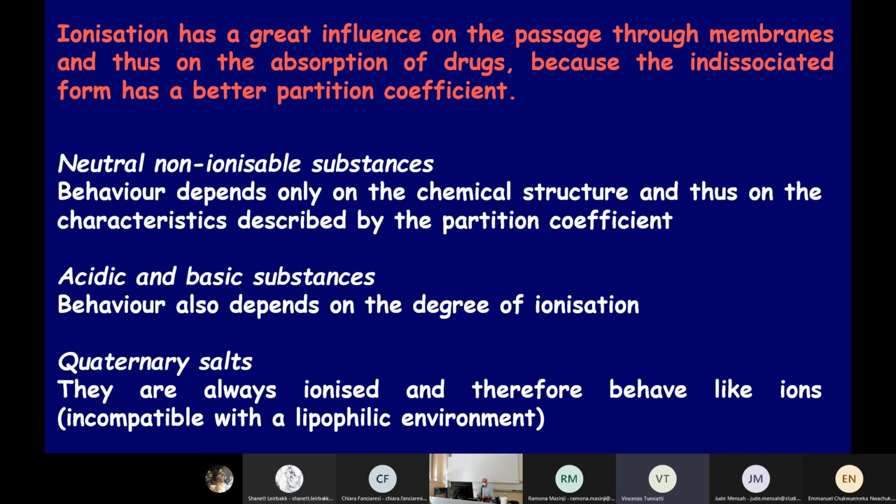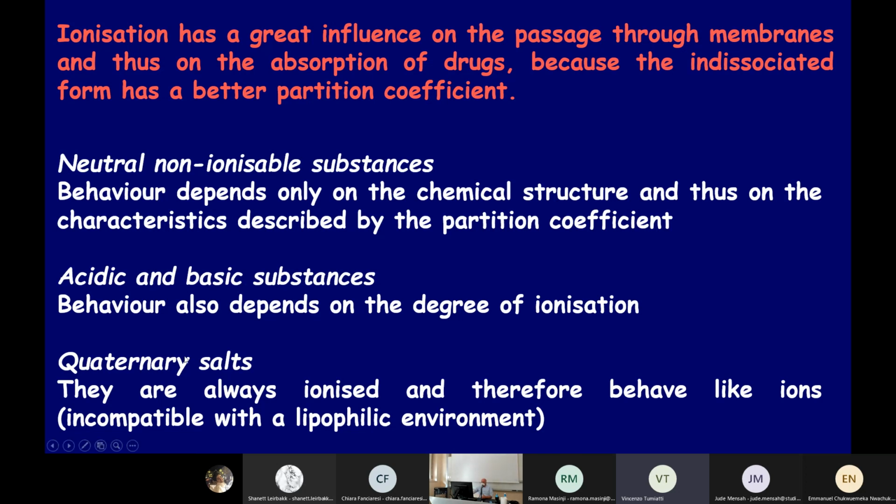It depends on the pH. In the stomach, the pH is 1.5, and so the acidic function will be unionized. On the contrary, the basic atoms, the nitrogen atom, will be protonated, and so will be charged, and so will be ionized.